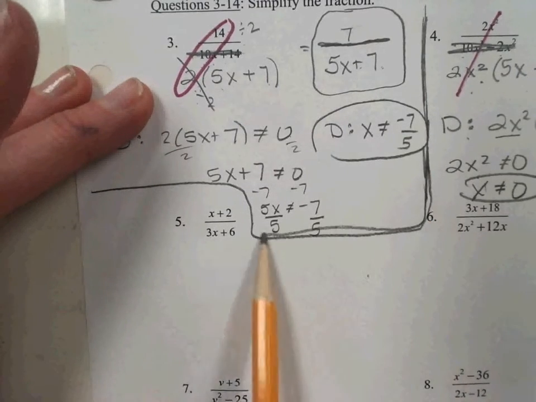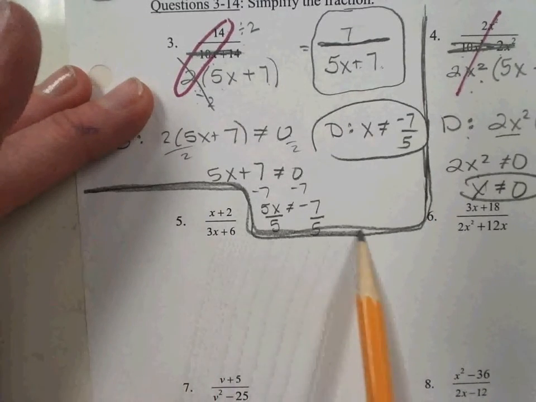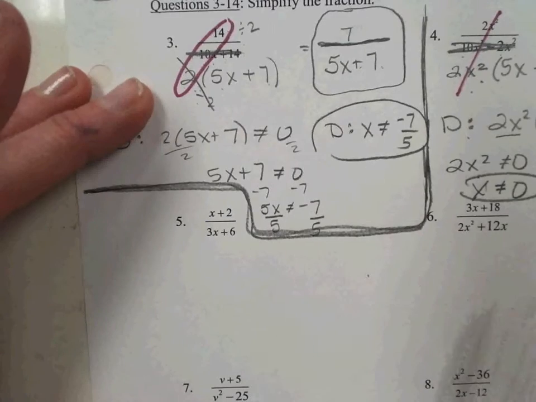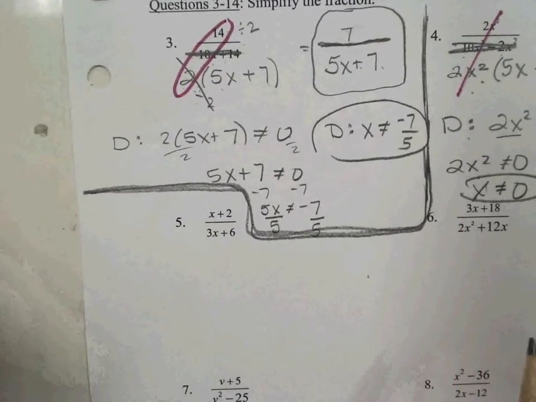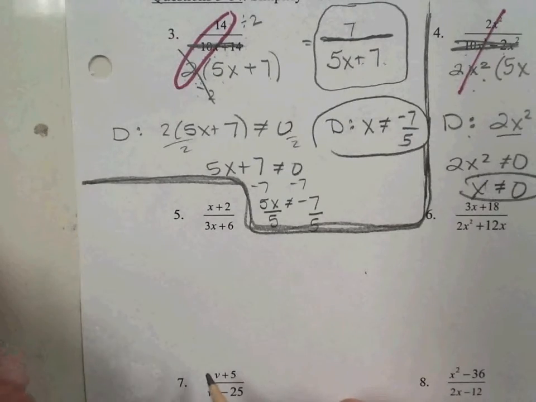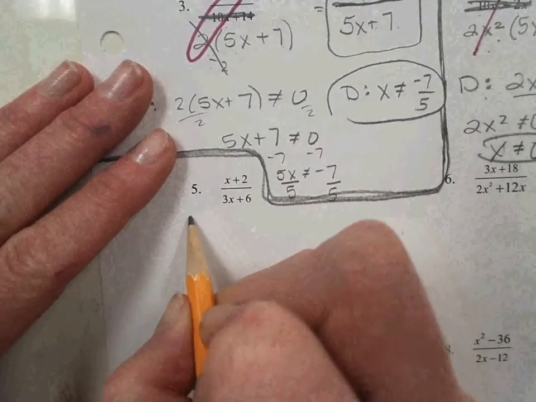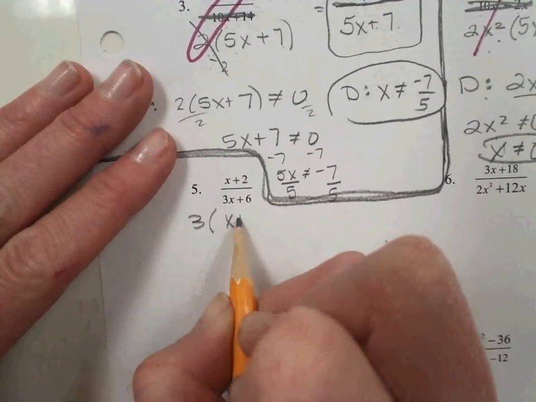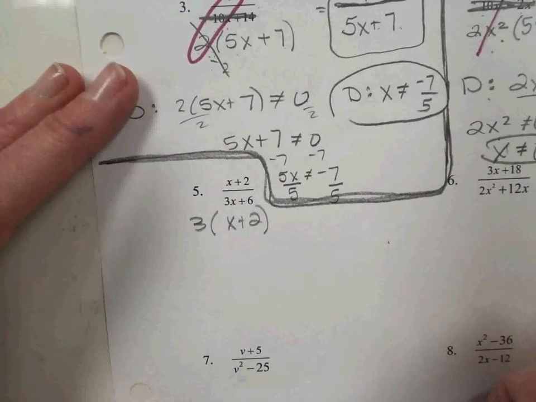Number 5. Factor the denominator. There's a common factor there. What is it? 3. So we're going to factor out a 3.